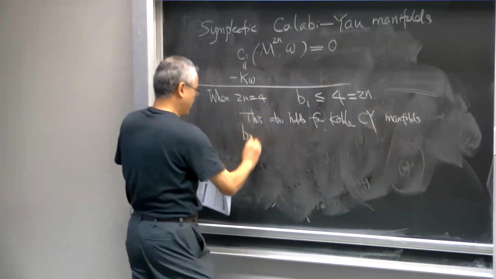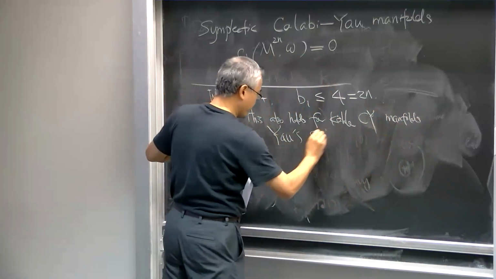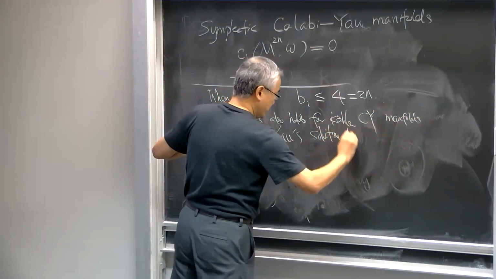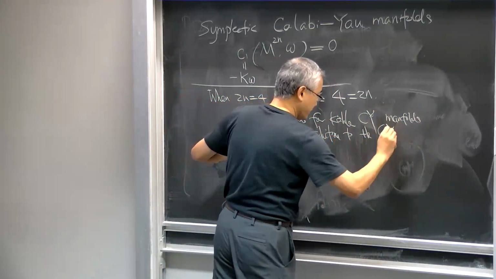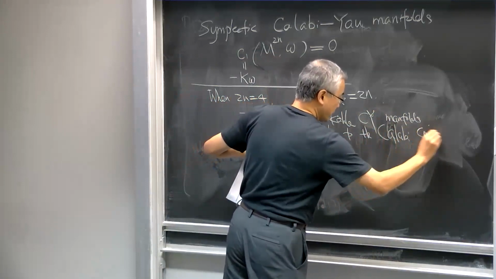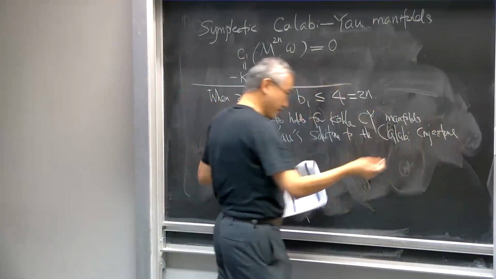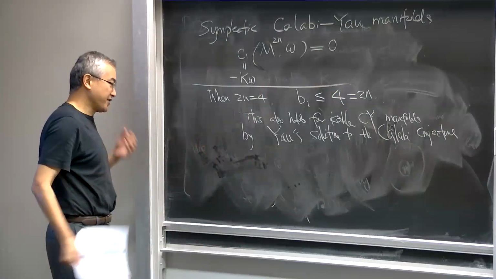By the solution of the Calabi conjecture, the existence of a Ricci flat metric in this case.